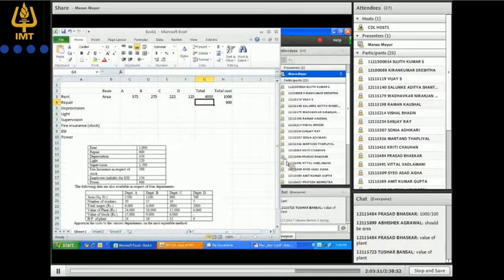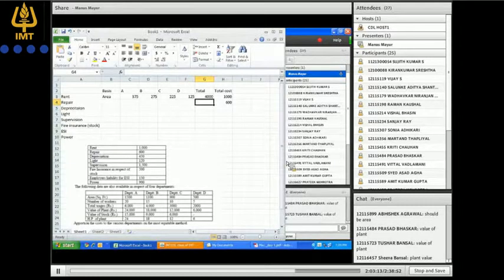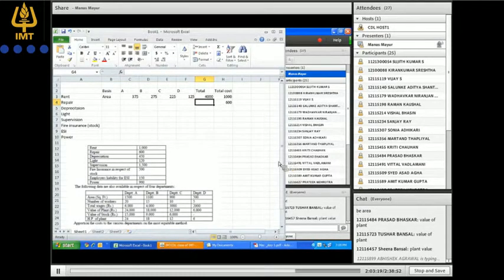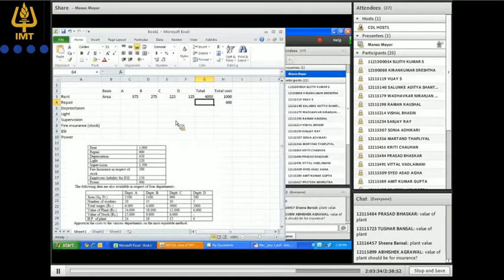Value of plant, okay. So plant value should be the basis of the distribution here, because the more the plant value, the more repair will be required.